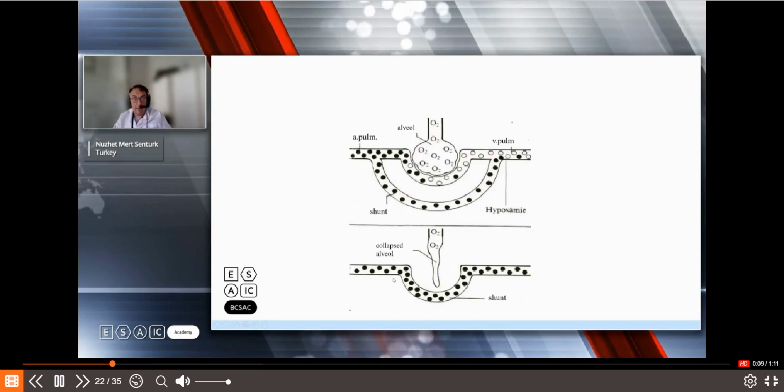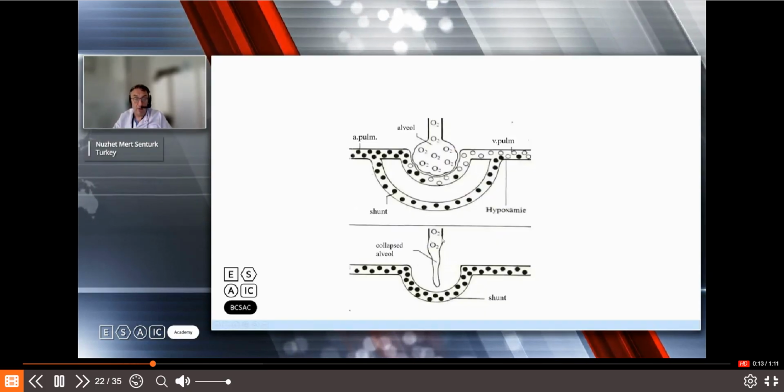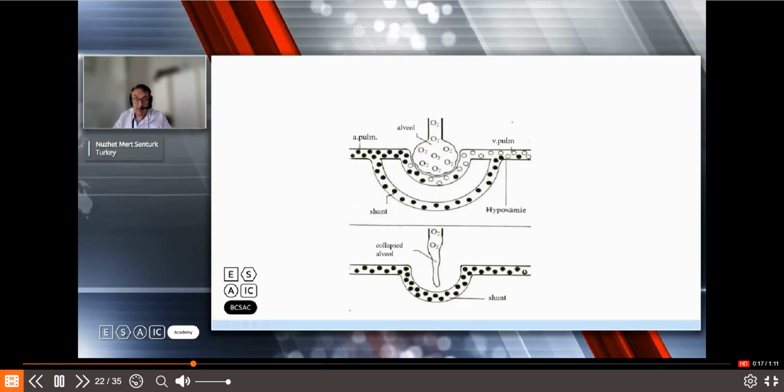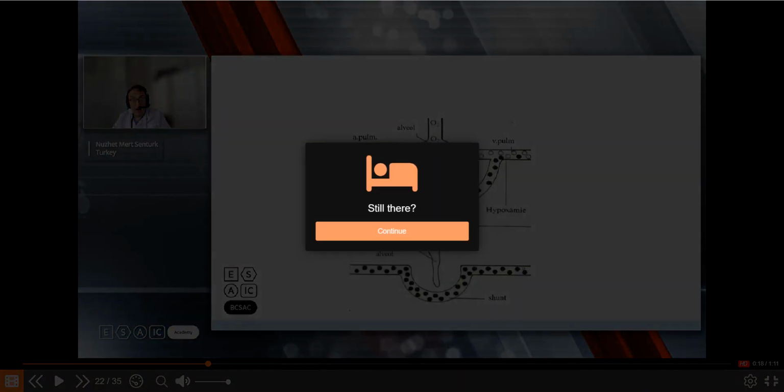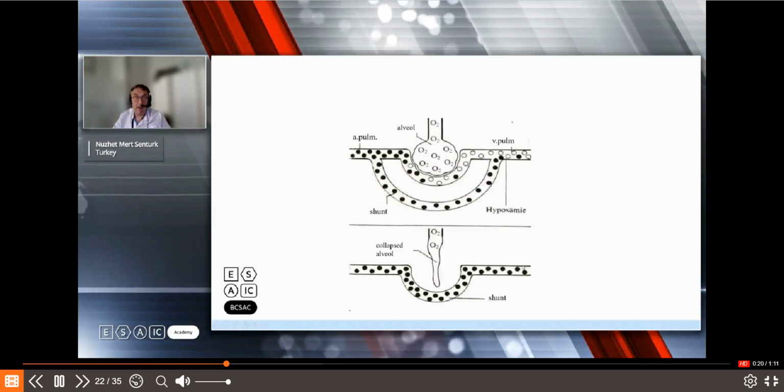But in pathologic cases, if I have an atelectasis and collapsed alveoli, this shunt area can increase too. In that case, I would have a hypoxemia.